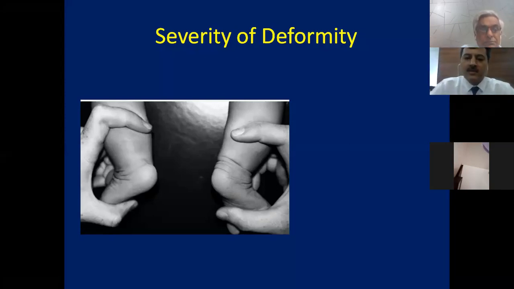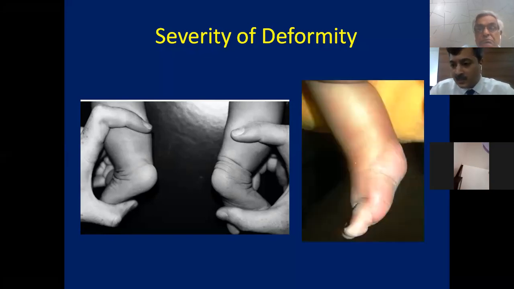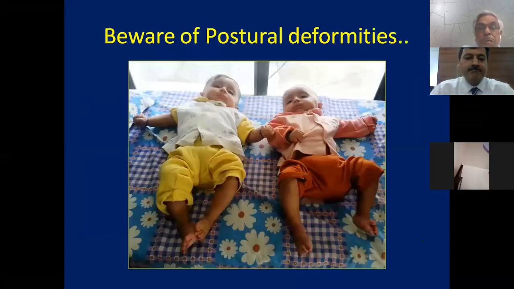In normal feet, you will see multiple creases behind the heel. In clubfeet, you will see only one deep crease, and sometimes no crease at all, and this is the most severe variety of clubfeet. This is the 3 month follow-up of those children, and they did not require any treatment, and the deformities got corrected completely with just simple exercises the mother performed.